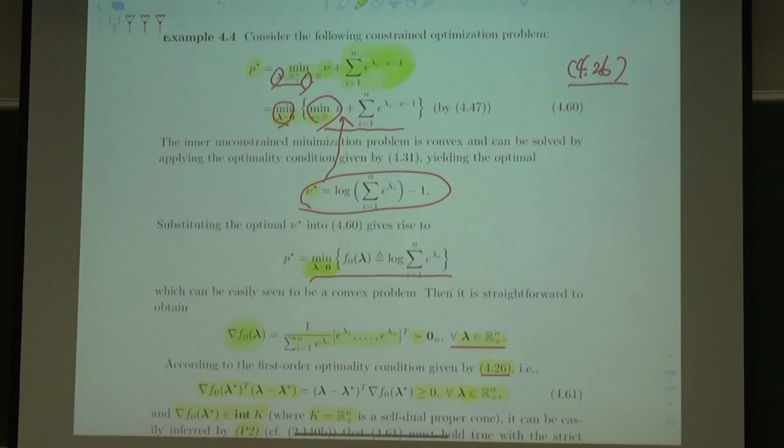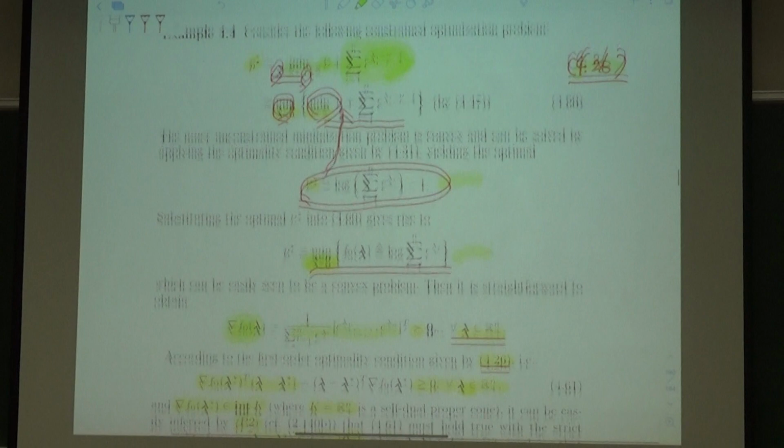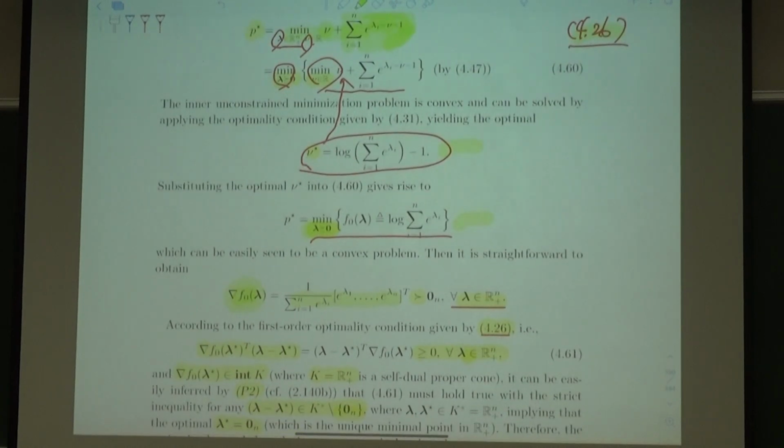Your solution must be on the boundary, right? So you have to use 4.26. Here you cannot use gradient equal to 0. And for this, 4.26 is this. We don't know the optimal. The directional derivative must be greater than or equal to 0 for all points in the feasible set.